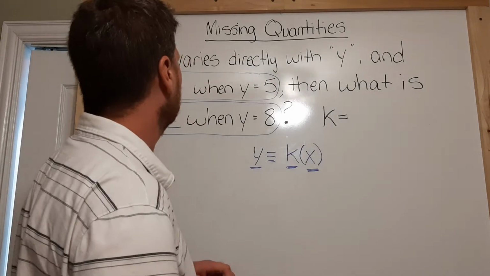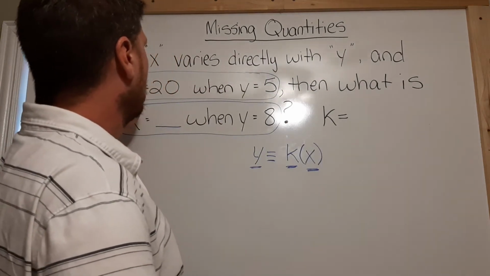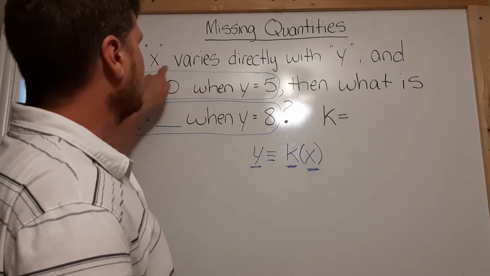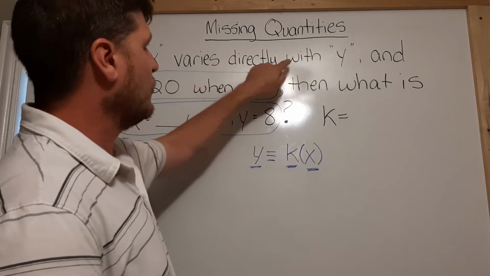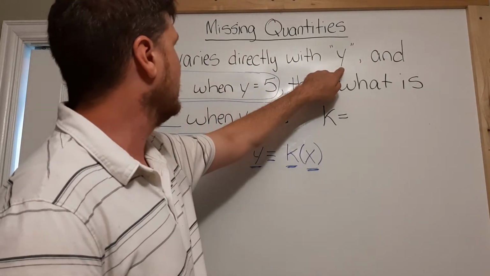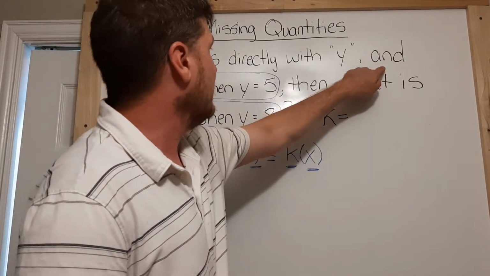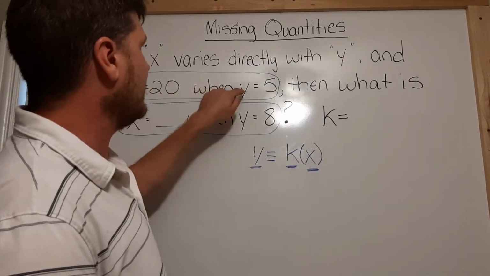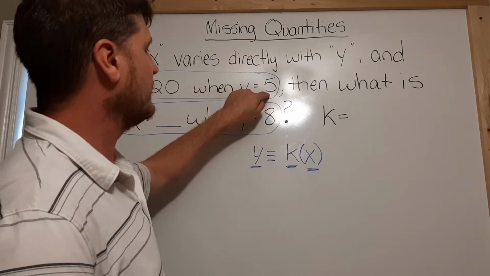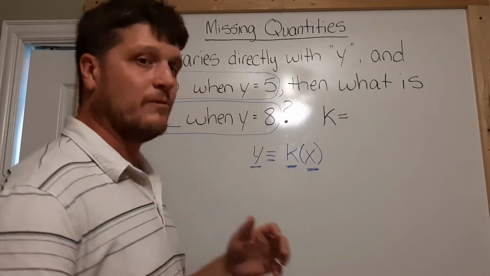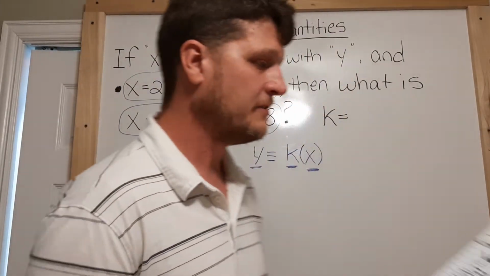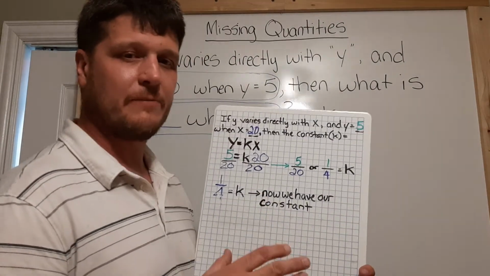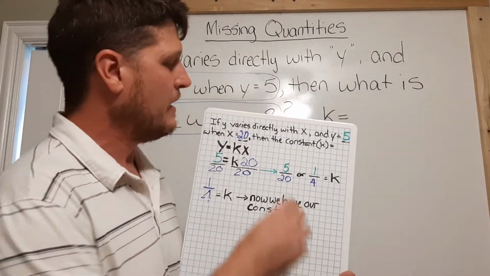is, if x varies directly with y and x equals 20 when y equals 5. In this particular example, I had it on a whiteboard too.